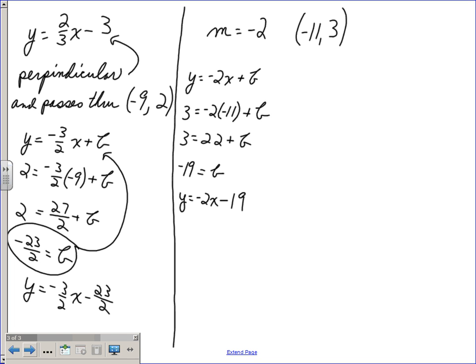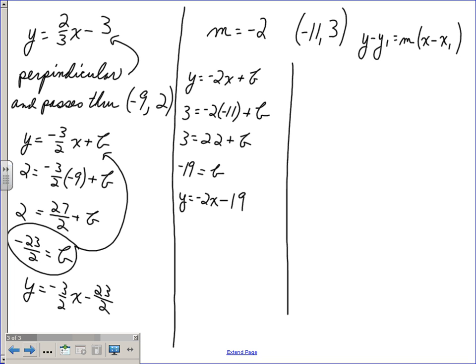And I think all of us are okay finding the equation of a line, given a slope and given a point. But there's also another way, and that's using y minus y1 equals m times x minus x1. That's another form of a linear equation.